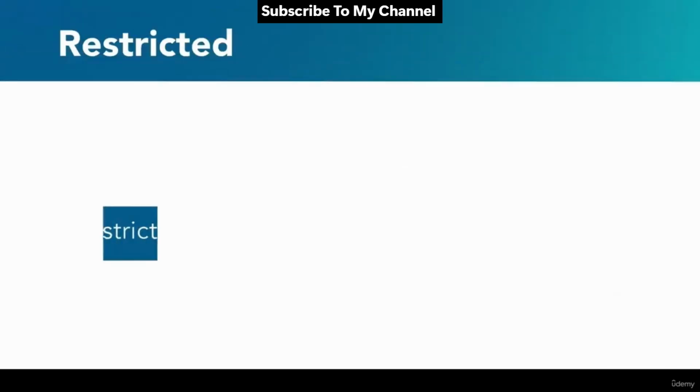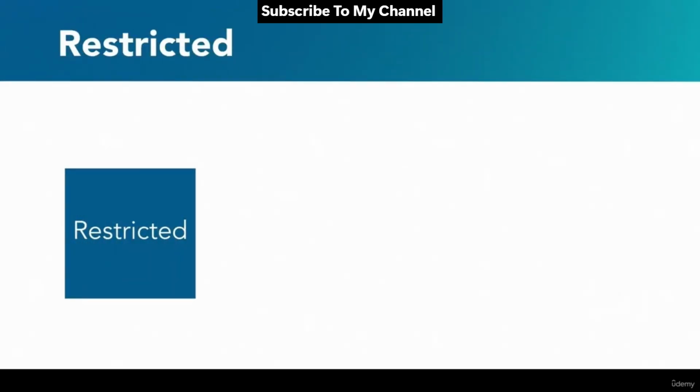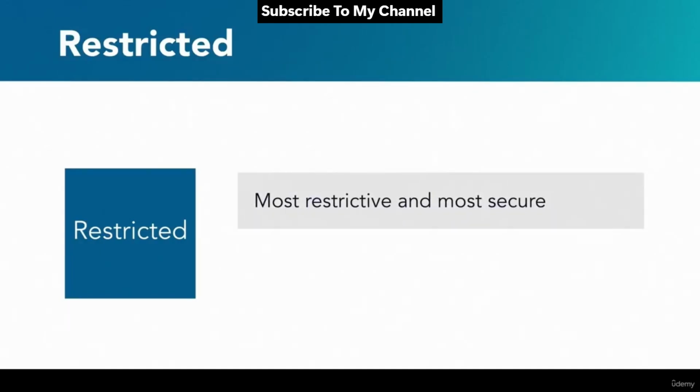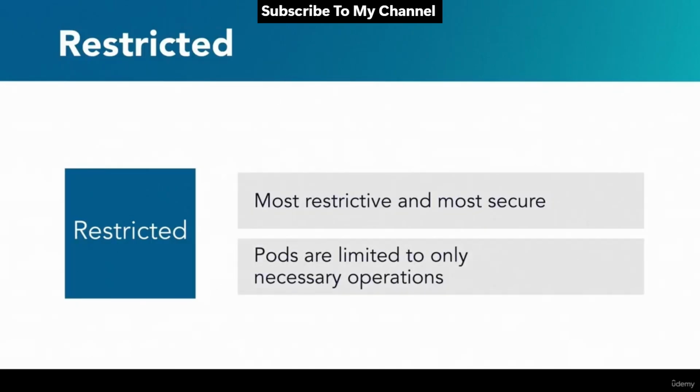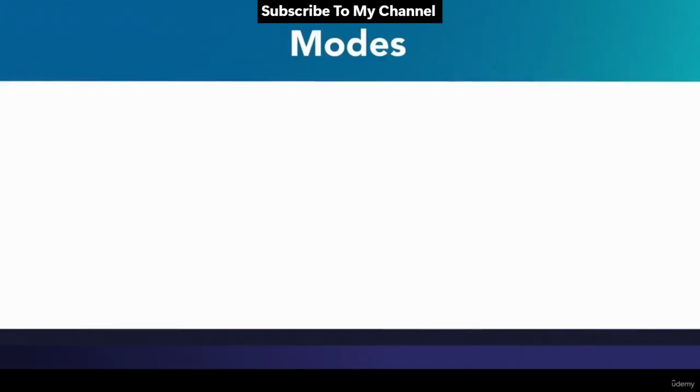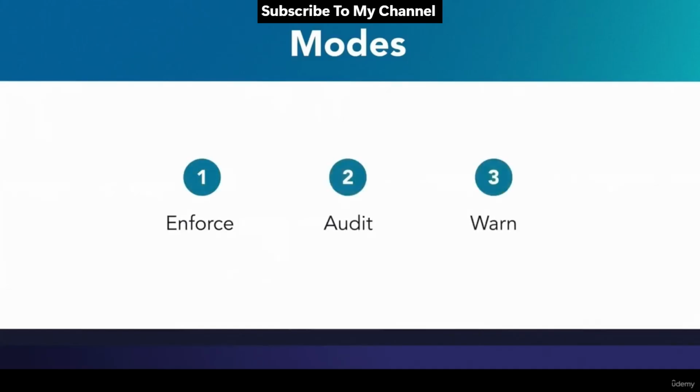Now switching to restricted profile, as the name suggests, a restricted security profile is the most restrictive and secure profile. This profile ensures that the containers running within a pod are read-only and limited to running only necessary operations. Applying this policy profile provides protection against most vulnerable workloads and malicious activities. In addition to the profiles, the standard also defines three modes of applying these profiles: enforce, audit, and warn.